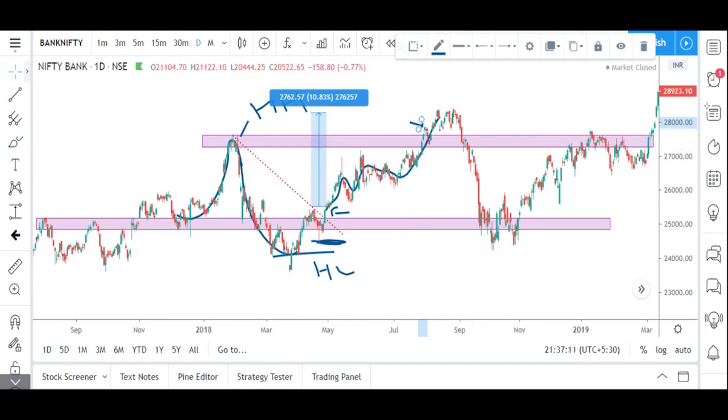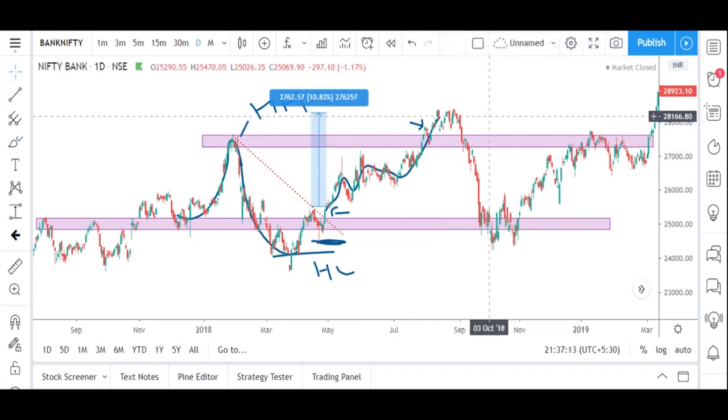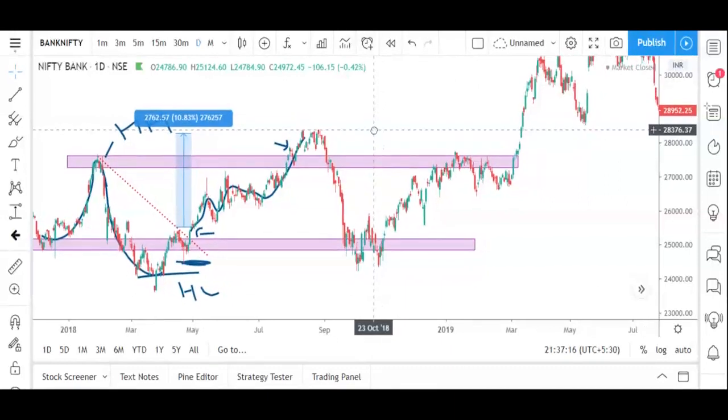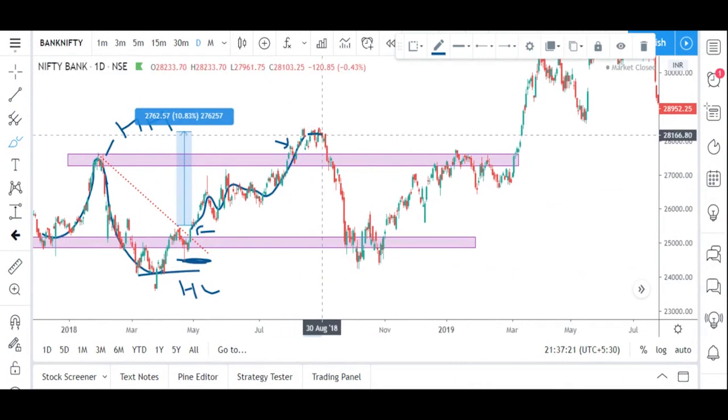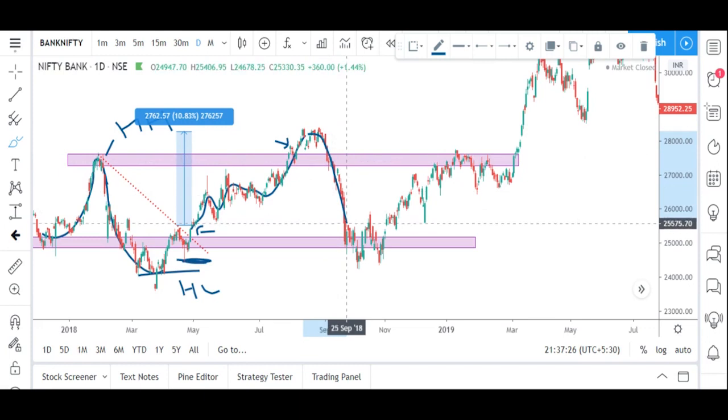And again, we have got many other opportunities here. I'll just show you. The price again came into the resistance area, and it fell back and came to the support region again.